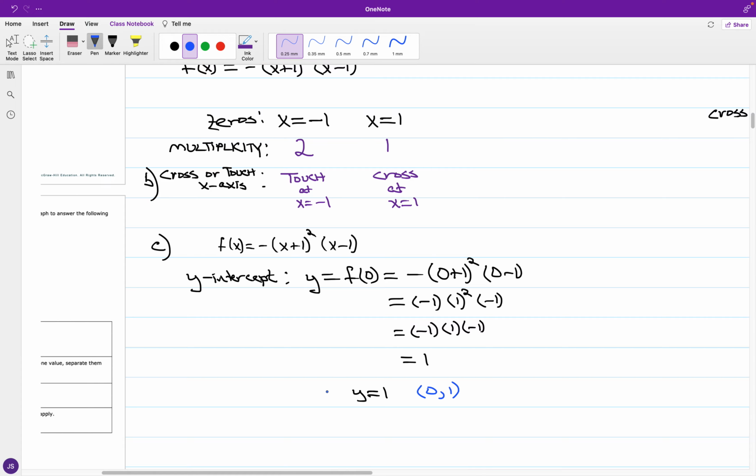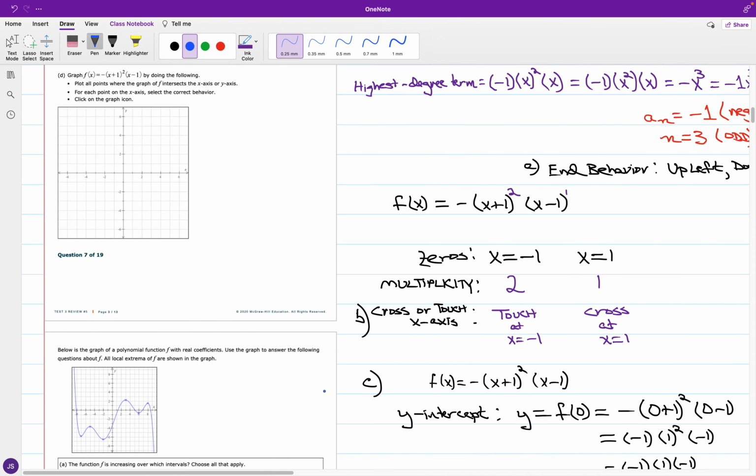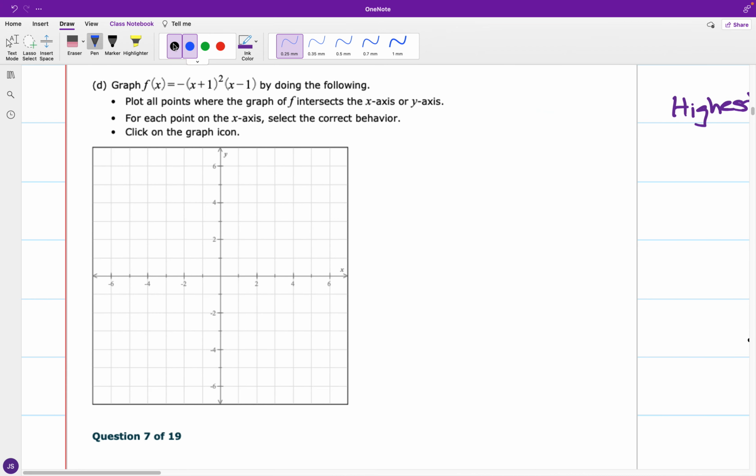So just taking what we have in the problem, if I'm looking at graphing, again we have two zeros at negative 1 and positive 1, and again, we had the y-intercept at 0, 1.